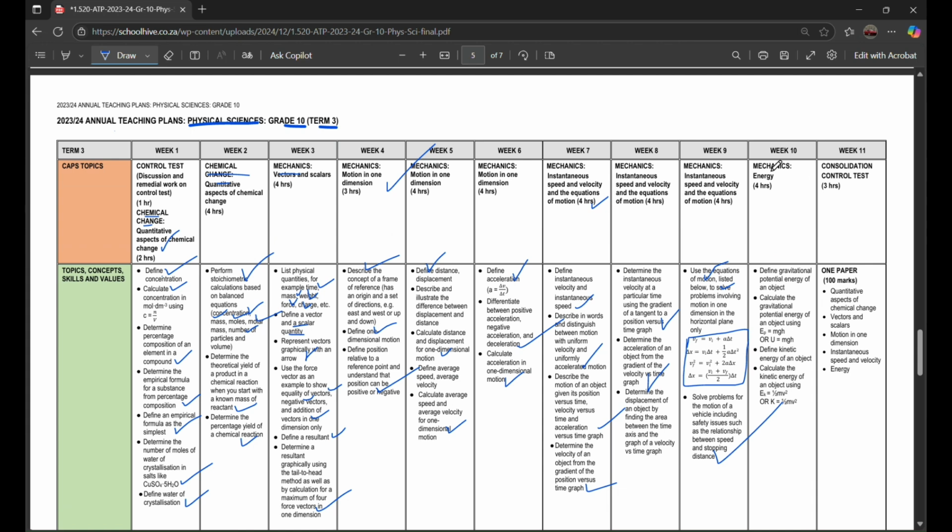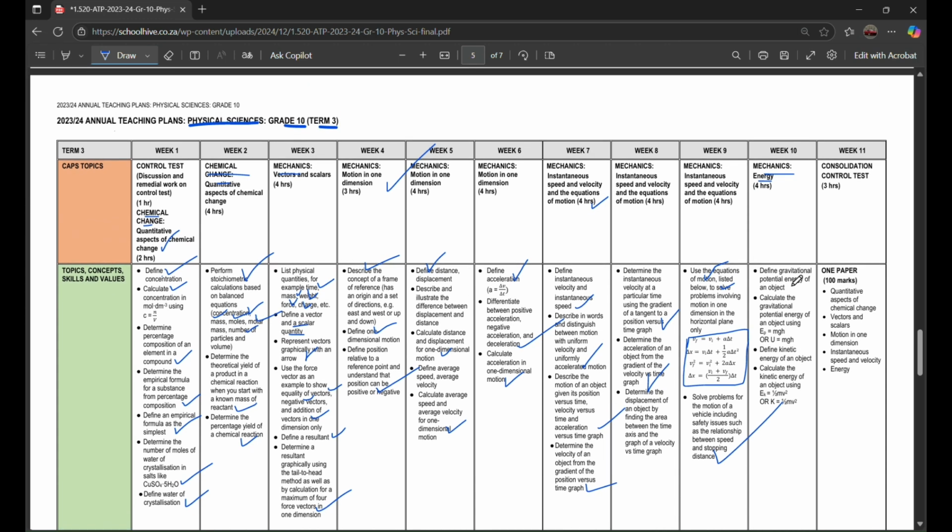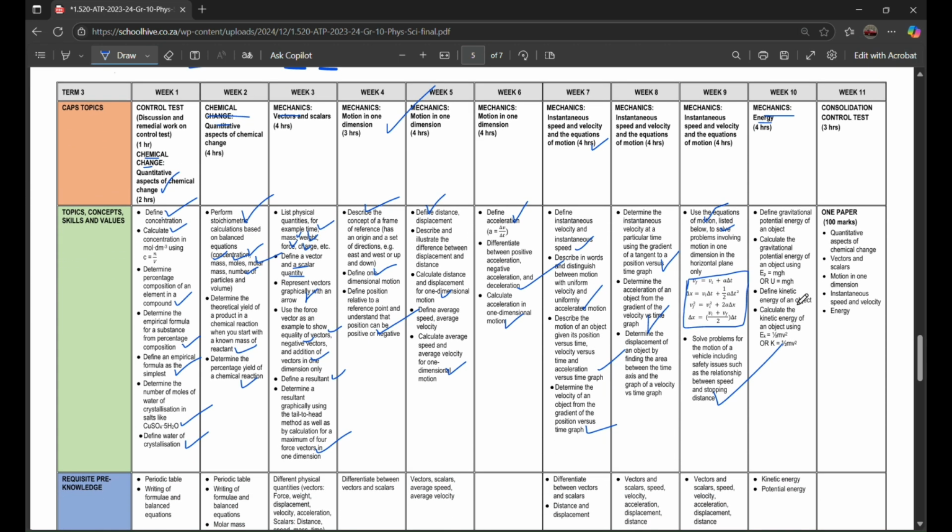Within week 10, you're going to dive into the mechanics, which talks about energy. You're going to be learning more about the following: define gravitational potential energy of an object, calculate the gravitational potential energy of an object using EP, which is potential energy, equals mgh, or U = mgh.